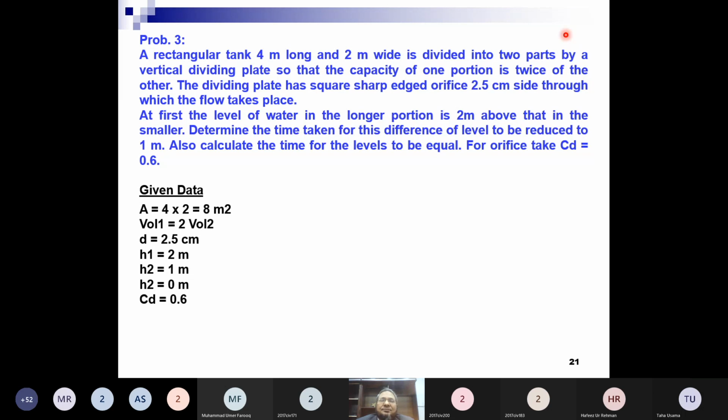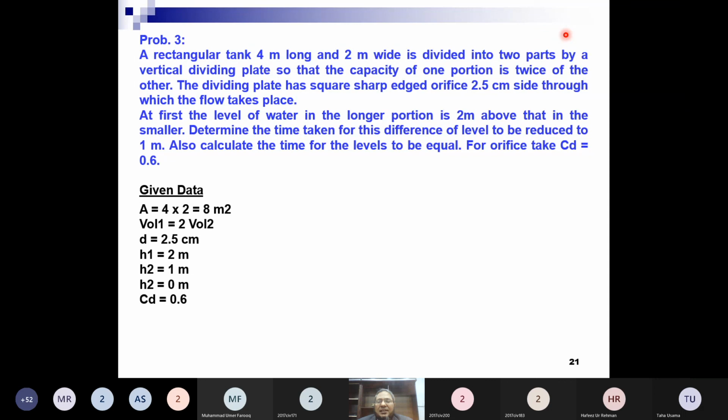Yes, sir. Actually, this is the basic equation to compute emptying time for a reservoir. And so far in what we have discussed, that is the governing equation for computing emptying time. And it is very important to compute the emptying time for a reservoir.